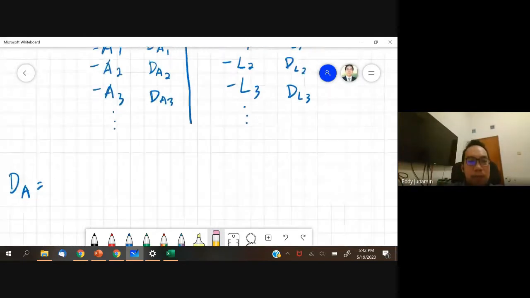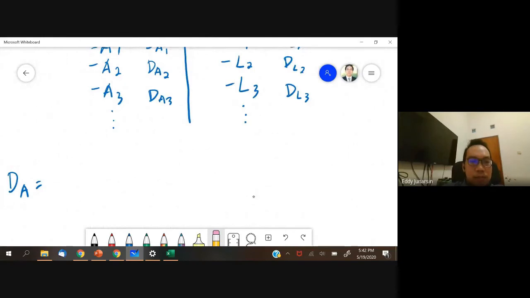This would be the duration of asset number 1 plus the duration of asset number 2, plus the duration of asset number 3, and so forth.